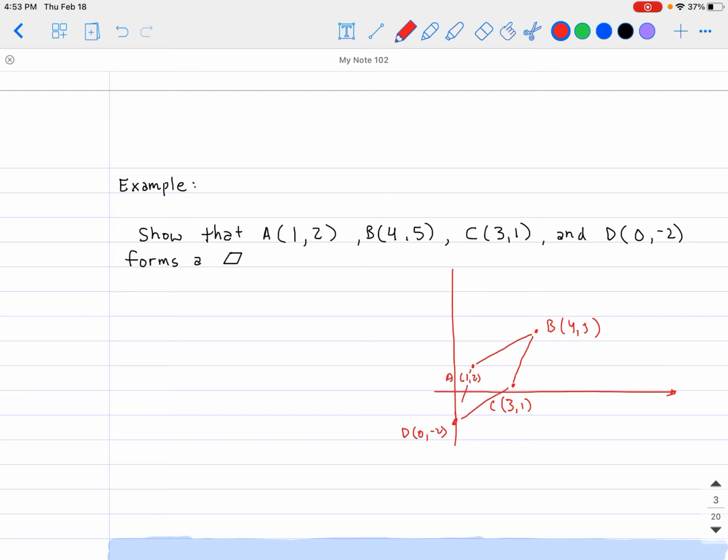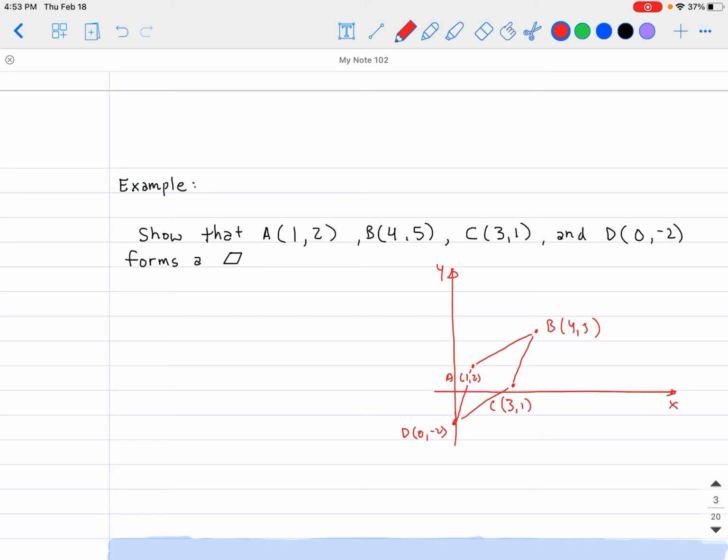And what I want to do is prove that that is a parallelogram. Let's think about what are some ways we can show that you have a parallelogram. Going back to the first semester, you have four different ways of doing it. By definition, the best way is to show that the two pairs of opposite sides are parallel to each other.